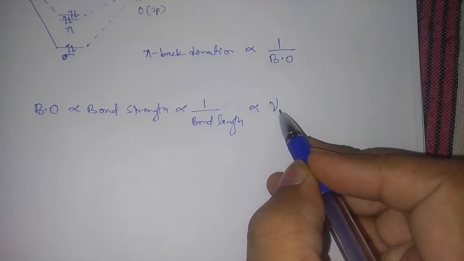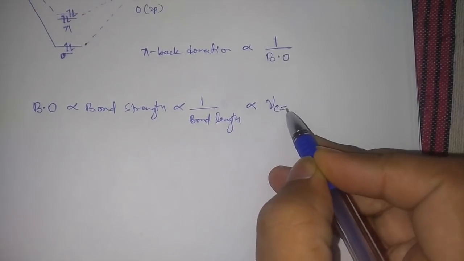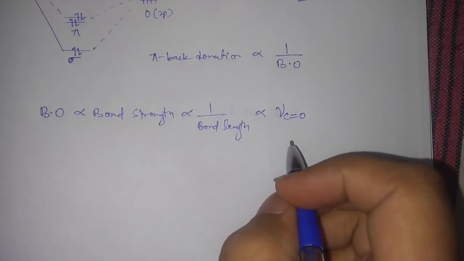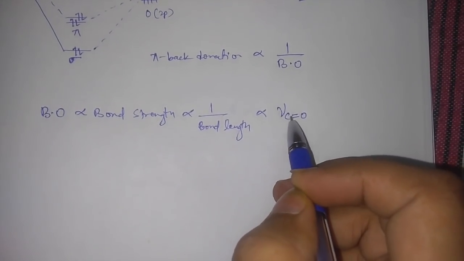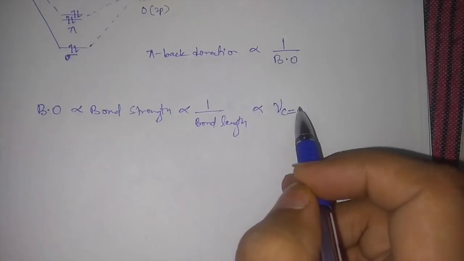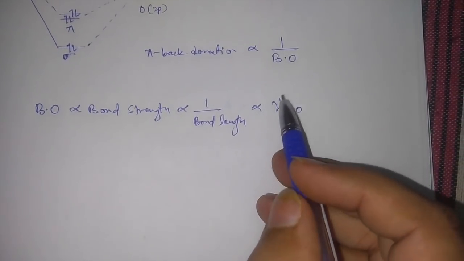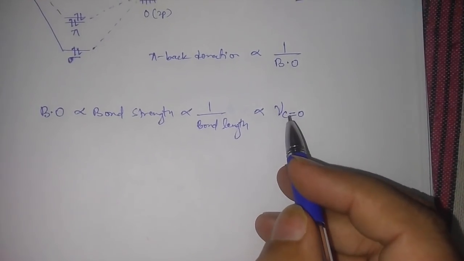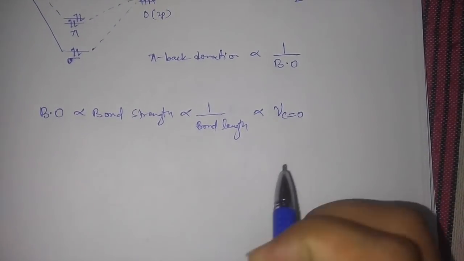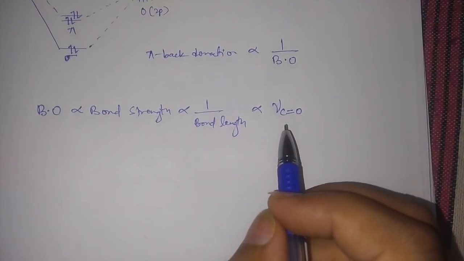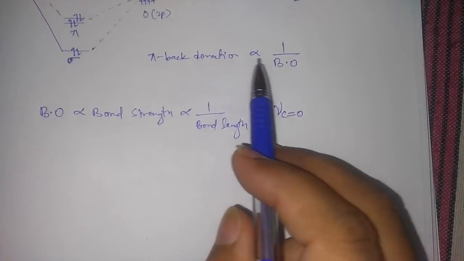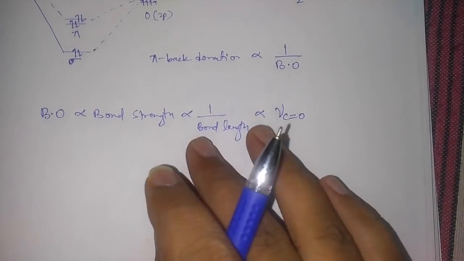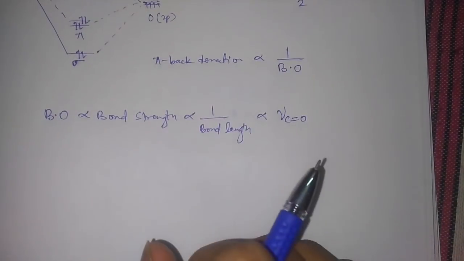I'm just talking about the stretching frequency of carbonyl, that is nu CO, or if you talk about olefin bonds, then here it will be C double bond C. The stretching frequency of the ligand is directly proportional to bond strength. So all these things are related. If you find out the relation between back donation and bond order, you can find out everything over here. So now the things become quite easy if you understand these things.